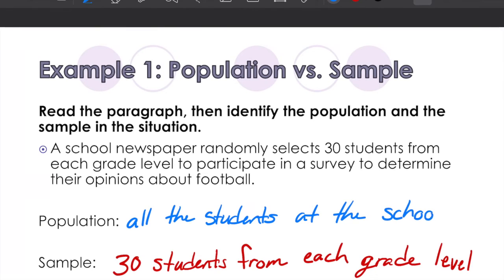So that's the population. They're trying to find information about all the students at the school, but that's not necessarily easy to do. So they just sample 30 students from each grade level and ask them. That way it's easier. So that's an example of identifying population versus a sample.